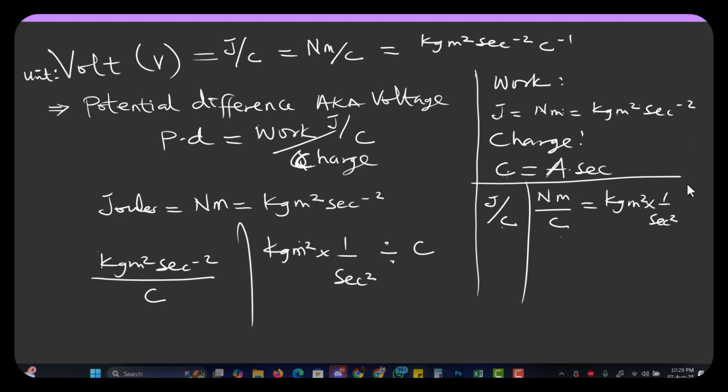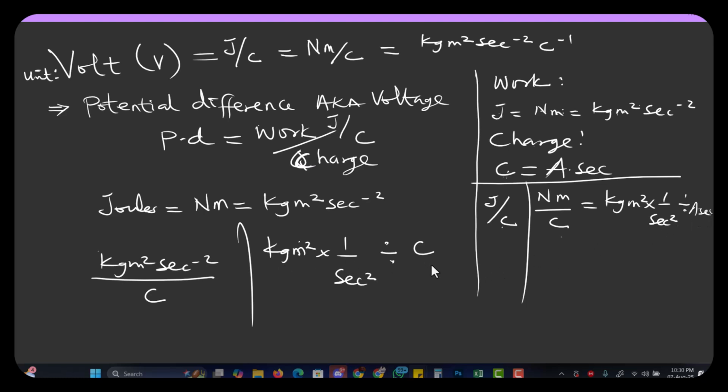Because I'm going to divide, this is what I've written: kilogram meter squared times 1 over second squared. This is divided by coulombs, which is ampere seconds in terms of basic units. So I will write ampere seconds.